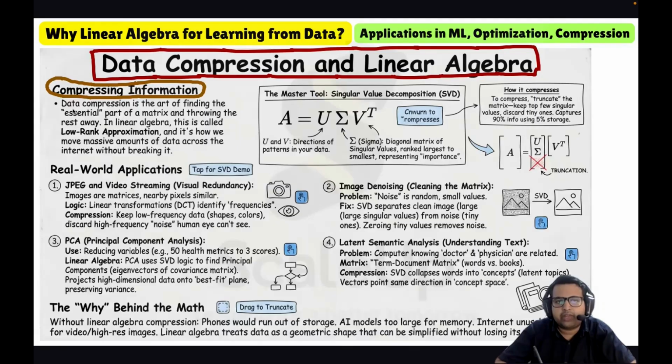Data compression is basically the art of finding the essential part of a matrix and throwing the rest away. Now, in linear algebra, this process is called low rank approximation.